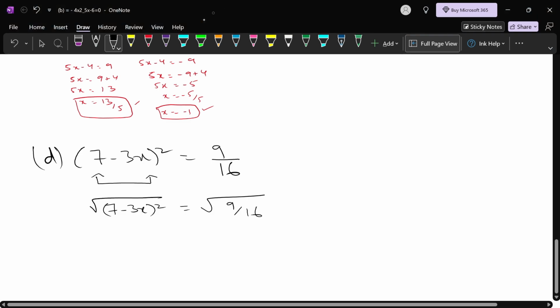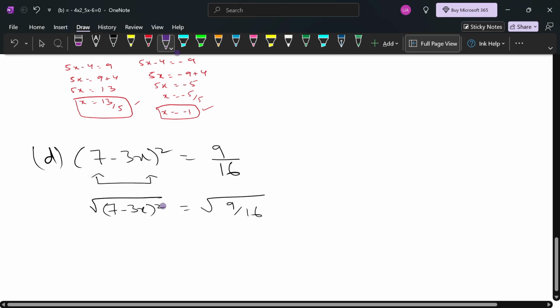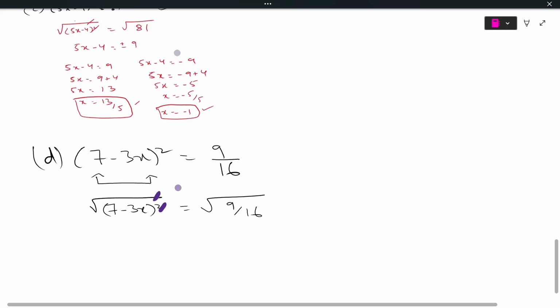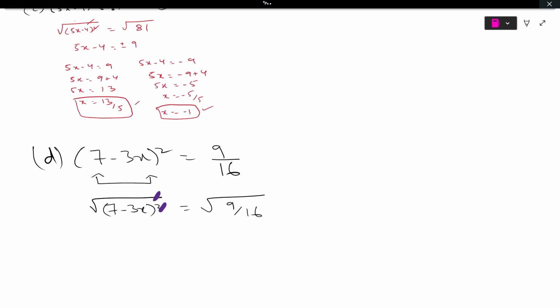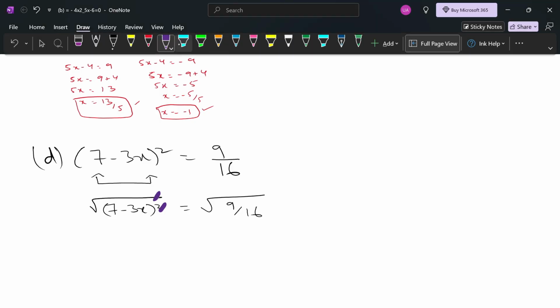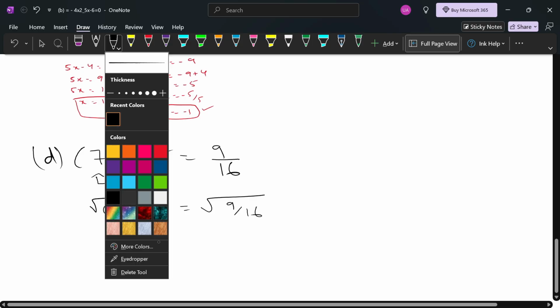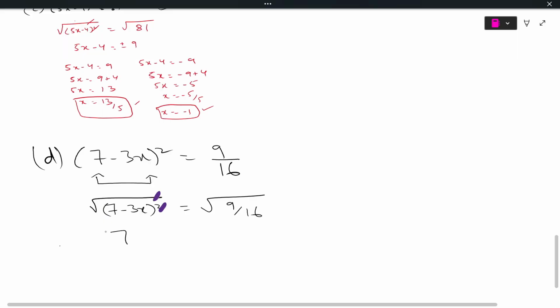Now I'm going to cancel the square with the square root, because square and square root cancel out, so I am left with 7 minus 3x, and that is equal to the square root of 9 over 16.